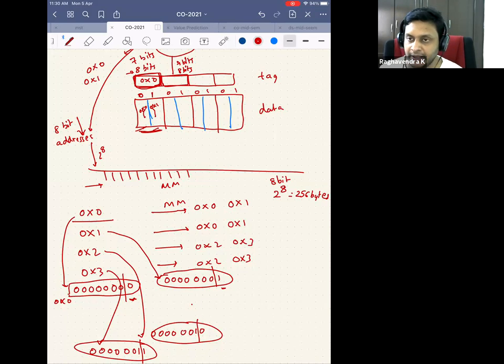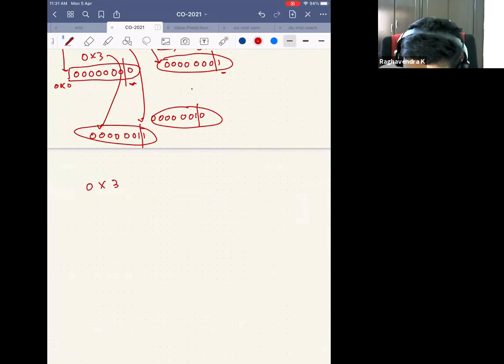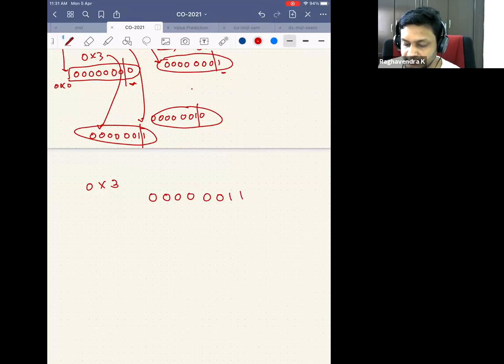So now how do I access the cache? When the CPU generates an address, say 0x3, it has generated an 8-bit address. So how does it look? It looks like this. It's a CPU-generated address, so it looks like this.